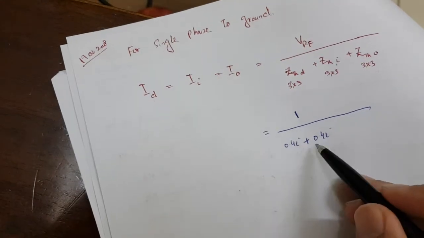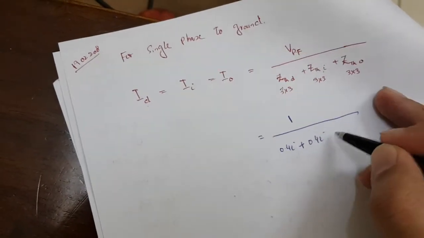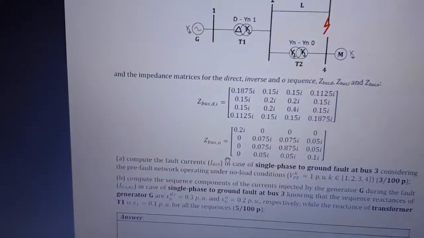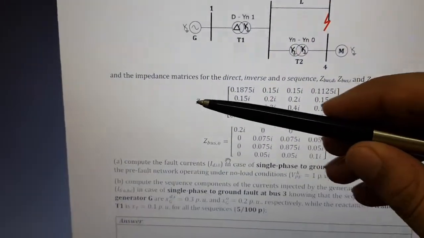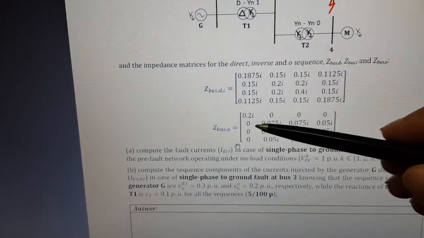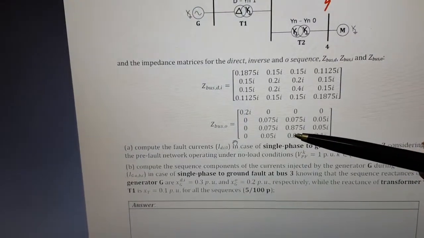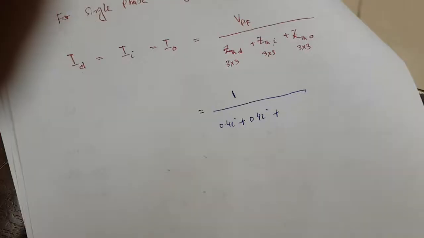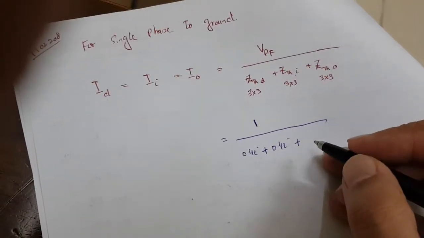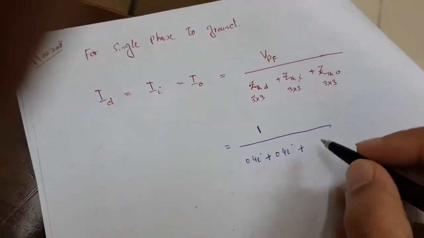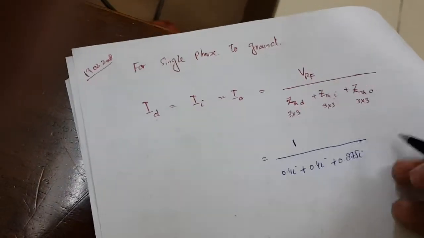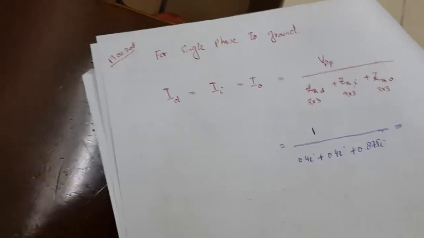You can also write 2 cross 0.4 iota, it's up to you. Now this is for the positive and negative, and this is for the zero sequence. So in this case we take 3.875 iota.